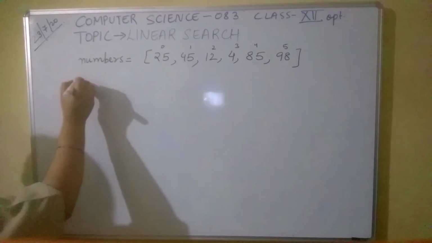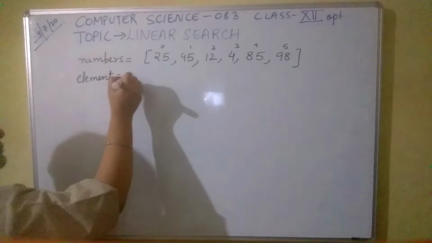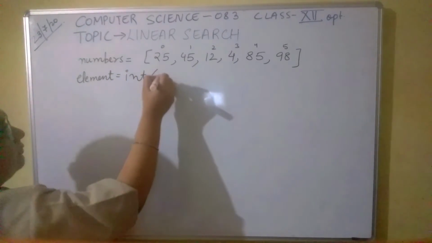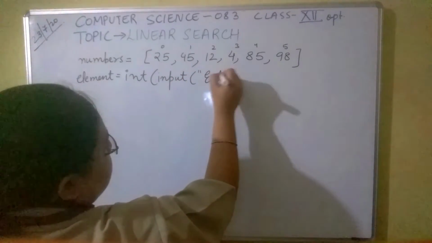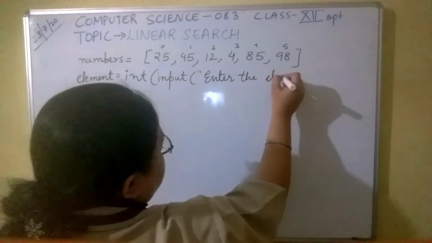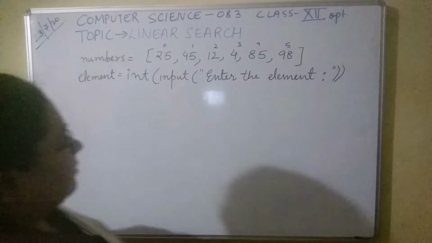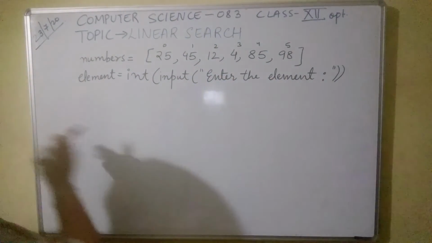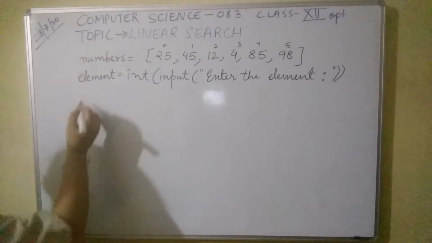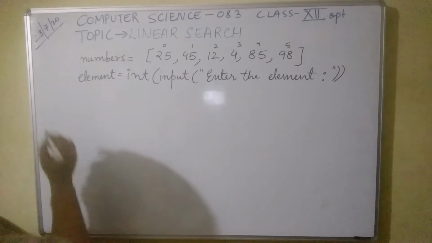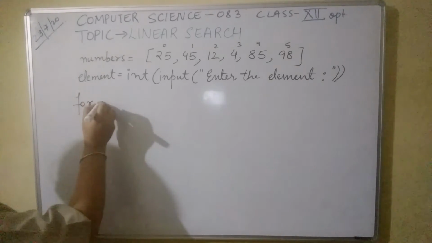And we are going to ask for the search element from the user. So enter the element, and this is going to be the search element which we will be asking from the user. Now after the search element has been entered, I am going to use a for loop here.